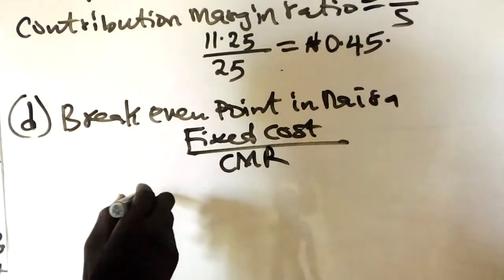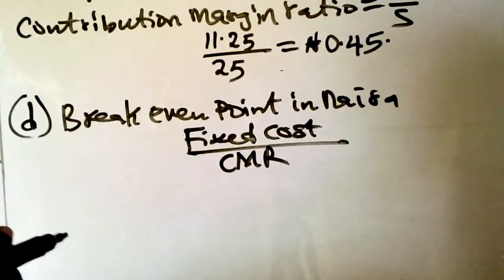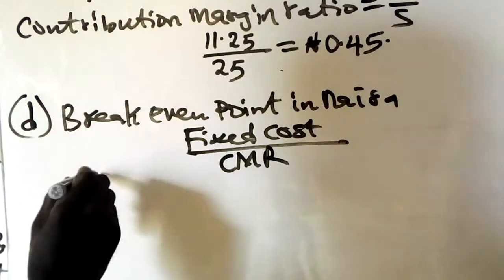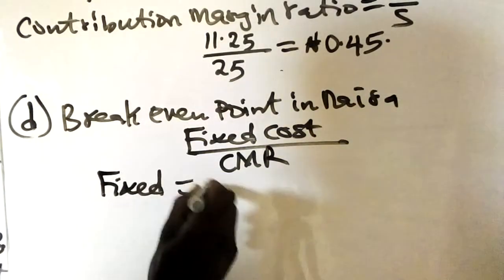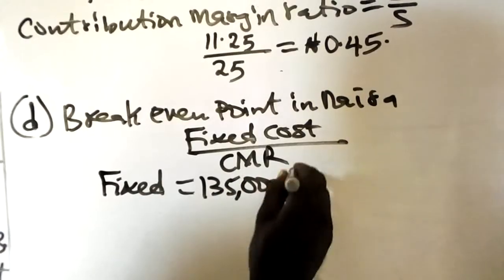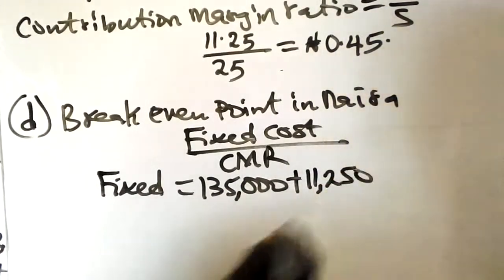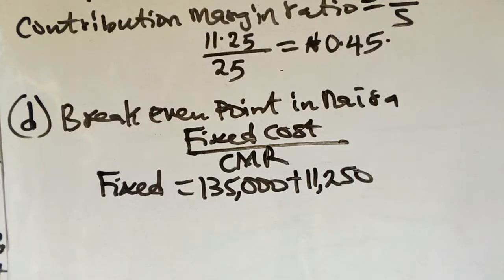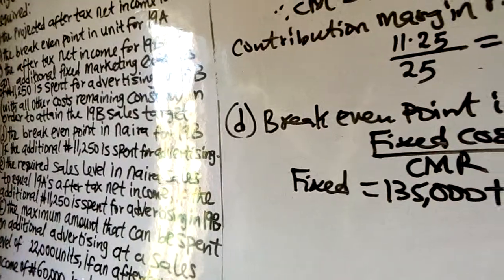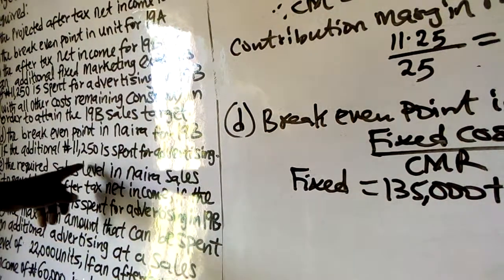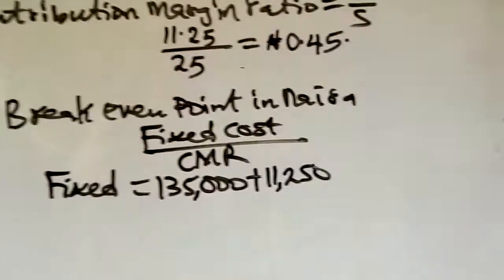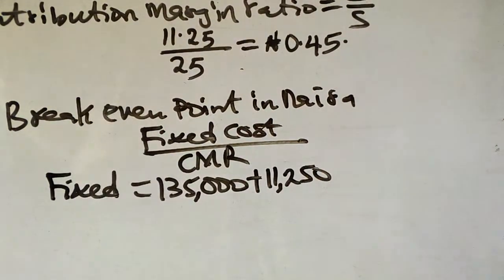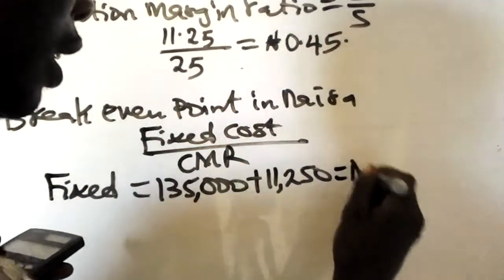The existing fixed cost of 19A is 135,000 plus 11,250, so the total fixed cost will be 146,250 naira.